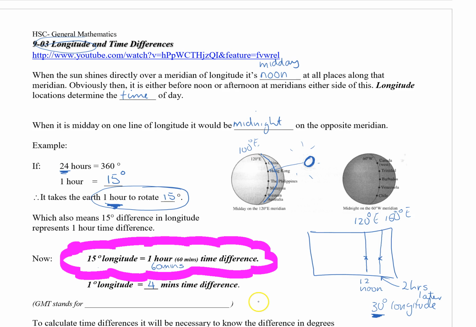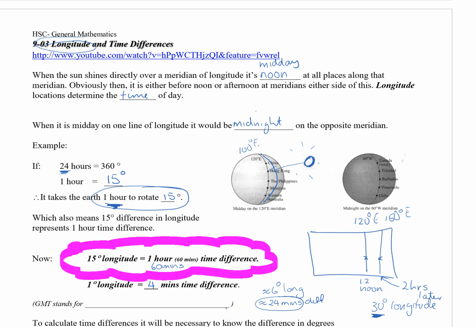I looked up the difference in longitude between Melbourne and Sydney, and it's approximately 6 degrees, which would give approximately 24 minutes difference in time. However, we know that that doesn't happen.